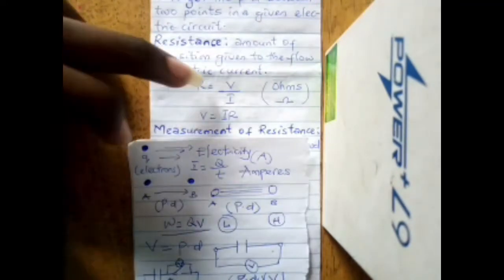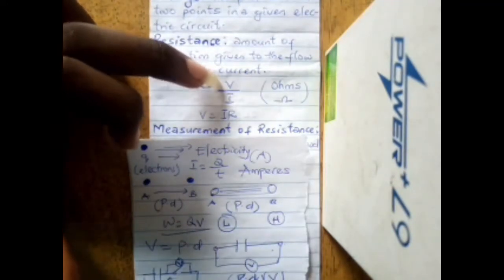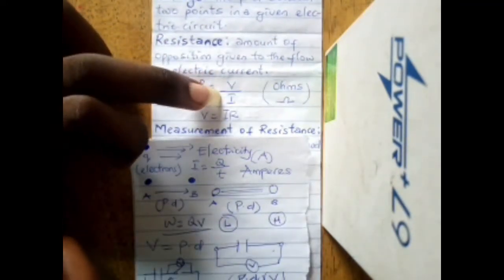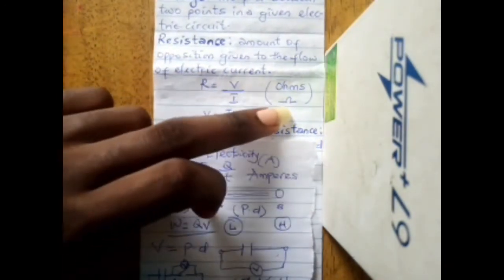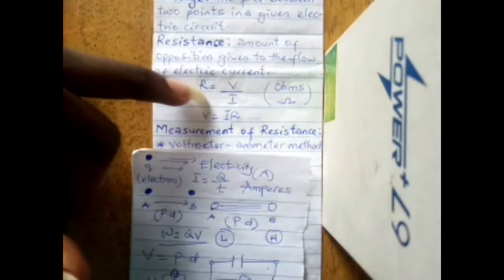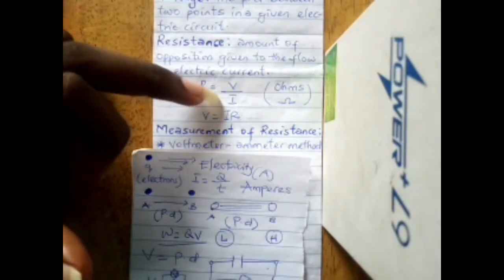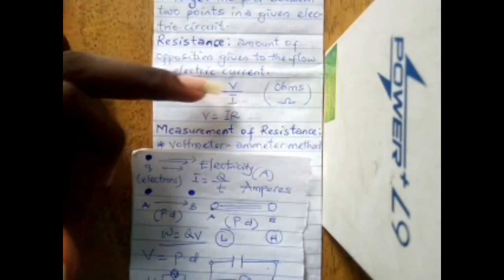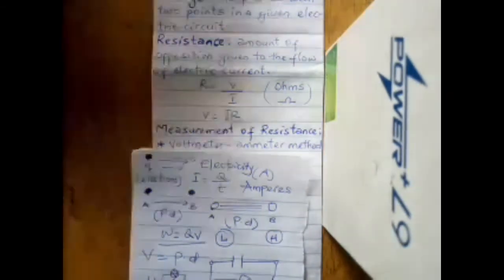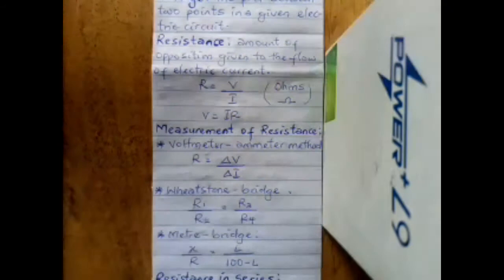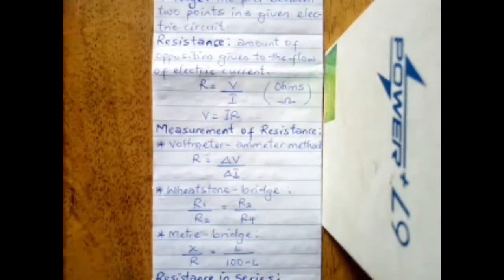So the resistance is the ratio of our voltage to the current. And the unit for resistance is ohms, which is given as this symbol. By simply modifying the equation, you can have our voltage equal to I multiplied by R, IR.